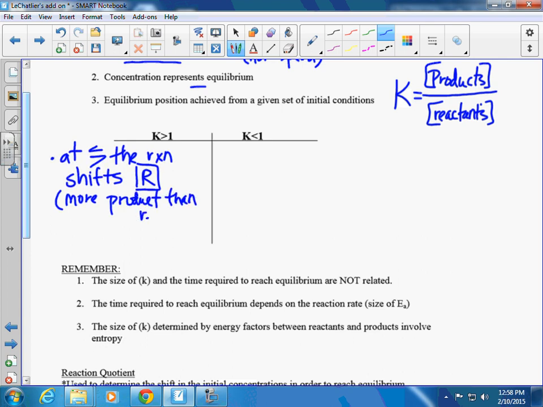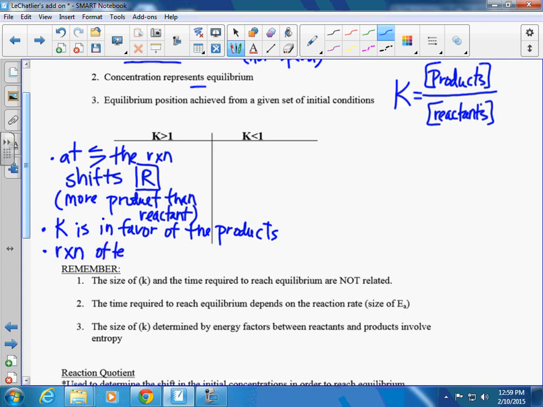You can probably think of some situations, making ammonia for one, where I want it to shift to the right because I want more product than reactant if I'm going to develop something. Another term that they might use here, if K is greater than 1, is that K is in favor of the products. That's another phrase you will see if it favors one side or the other in terms of equilibrium. And in this situation, my reaction often goes to completion.